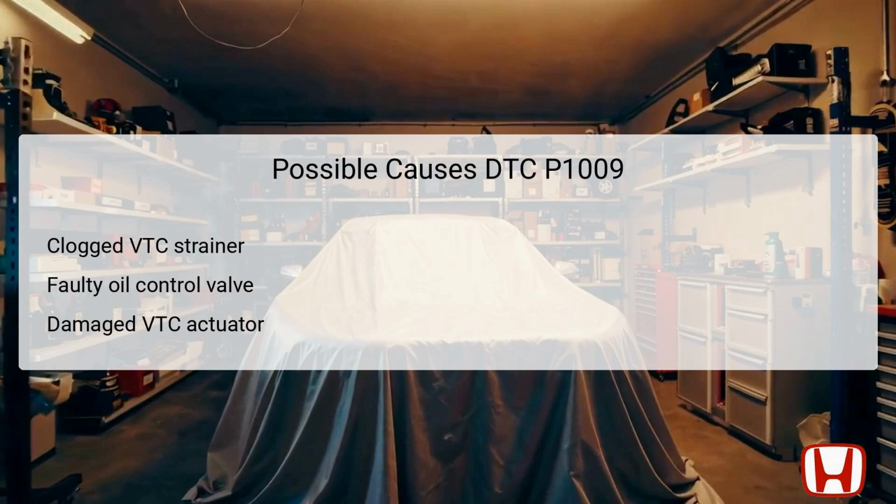Thirdly, a damaged VTC actuator could be at fault. This actuator controls the mechanical advance of the camshaft. When it fails, it may not properly adjust the timing, leading to performance issues. Each component plays a crucial role, and it's essential to evaluate them systematically during troubleshooting to pinpoint the exact issue.